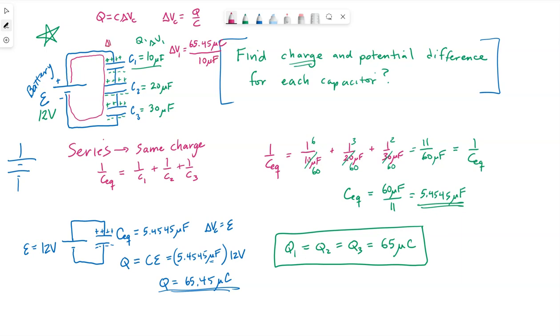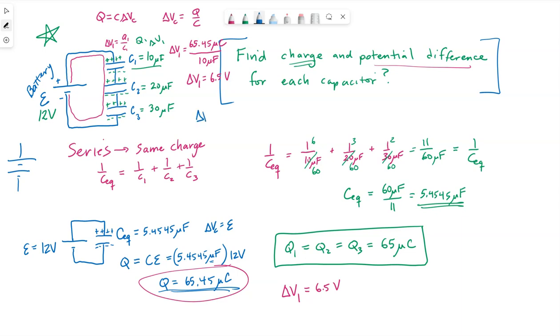So delta V1 is Q1 over C1. So let's see, delta V1 ends up being 6.5 volts. I'm going to write that at the bottom just so we can see it better. So I'm using a less rounded version of Q in this calculation just to minimize rounding errors.